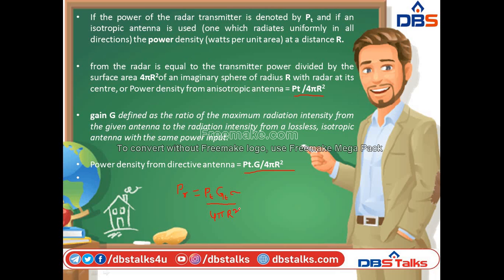That means the ability of the target depends upon the area of cross section and the power density of the receiver antenna.